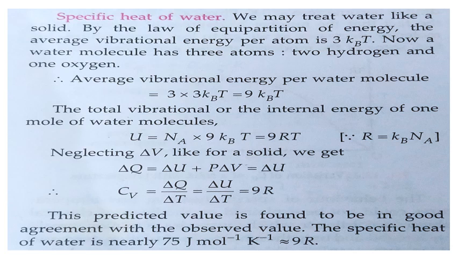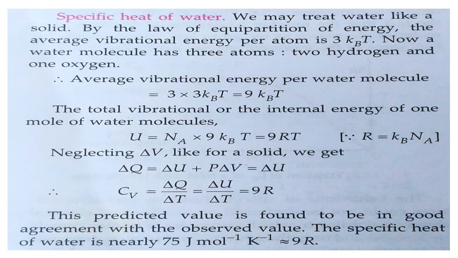So the average vibrational energy per water molecule will be 3 into 3 kBT, meaning 9 kBT. And multiplying by N, you will get U as 9 RT. And neglecting delta V like in a solid, you will get delta U as 9 RT, and Cv equal to delta U by delta T, meaning 9R.